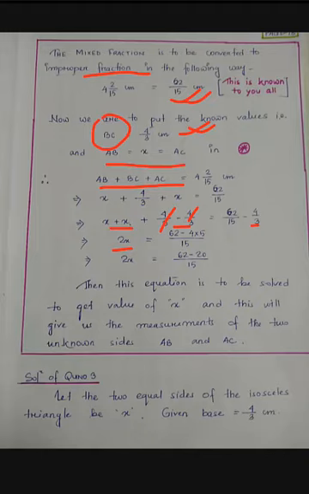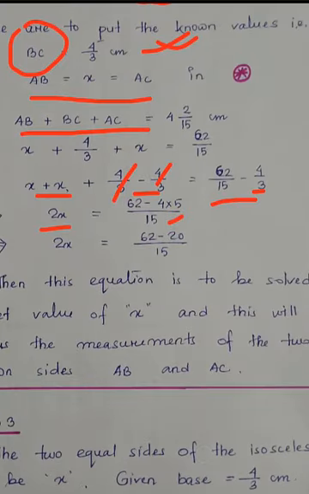On the other side, we have to take the LCM of 15 and 3. Of course, the LCM is 15. In the numerator, accordingly, we have to arrange 1 times 62, that equals 62, and 3 times 5 is 15.